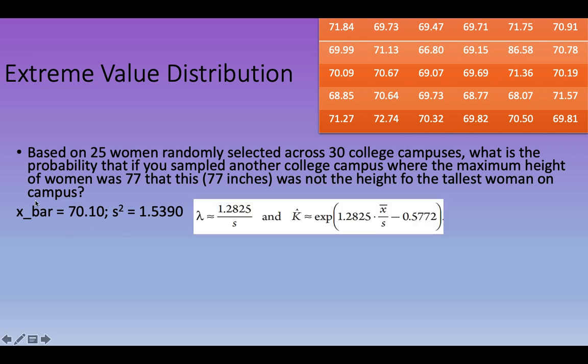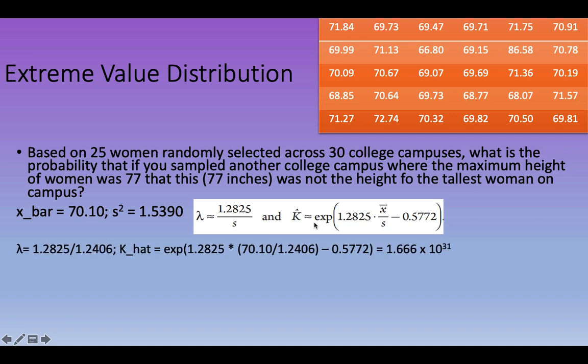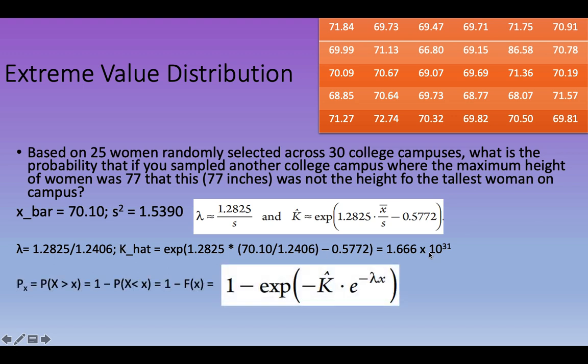Based upon this mean and this variance, I can calculate my values for alpha and my values for k hat. And this is just 1.252 divided by the standard deviation. So this is the variance, so I have to take the square root of that. And then I would calculate k hat. So I get my two values for these two entities, and then I can just plug that into my probability distribution.